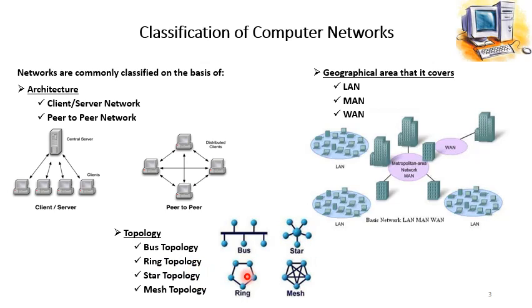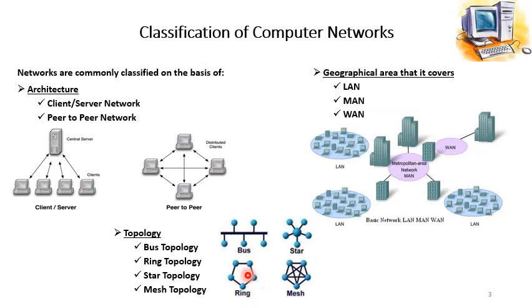In ring topology, all the nodes are connected with each other, but in the form of a ring. Means that each node will be connected to two other nodes, one behind that node and one in front of that node, and the last node will be connected to the first node, which looks like a ring.